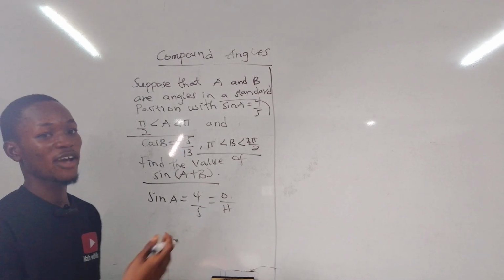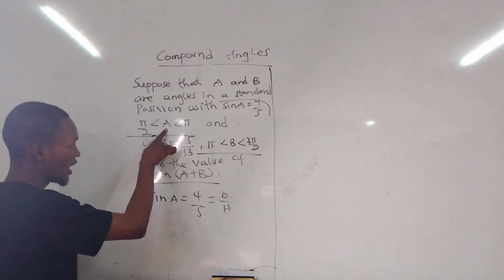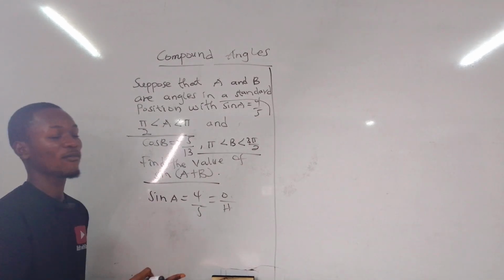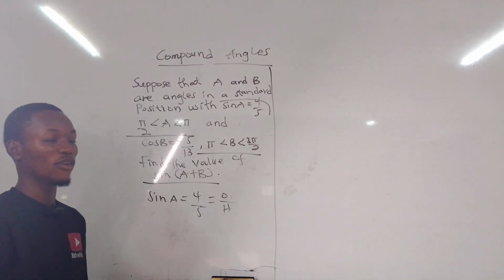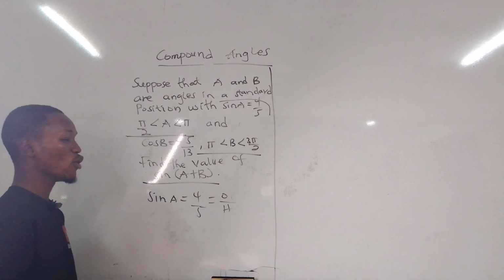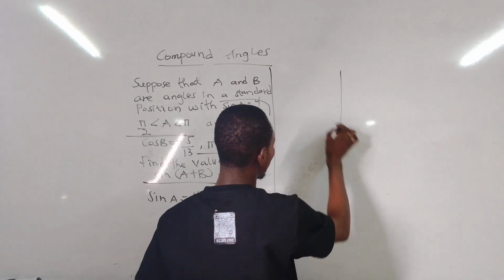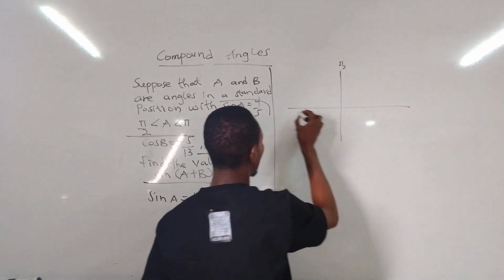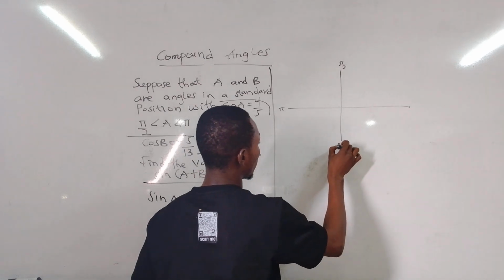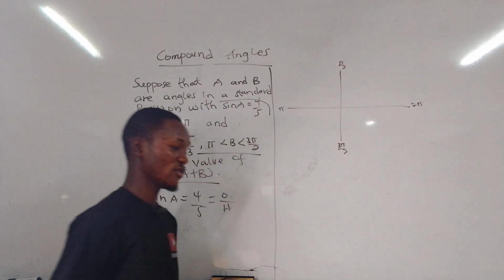So we can easily draw a right angle triangle, but a condition has been given here: angle A is less than pi, which is 180 degrees, and greater than pi on 2, which is 90 degrees. So if you draw the Cartesian plane, you have pi on 2 here as 90 degrees, pi, 3 pi on 2, which is 270, and then 2 pi, which is 360 degrees.